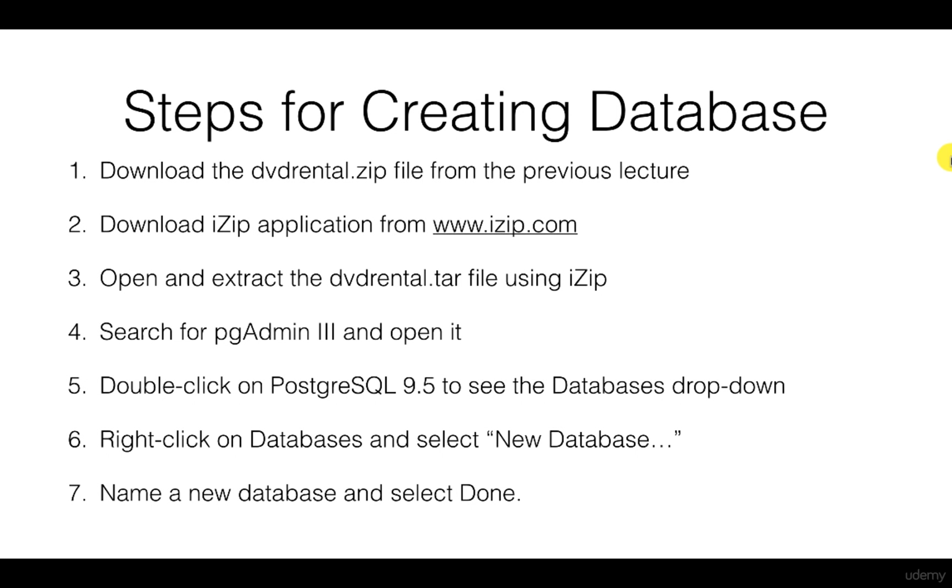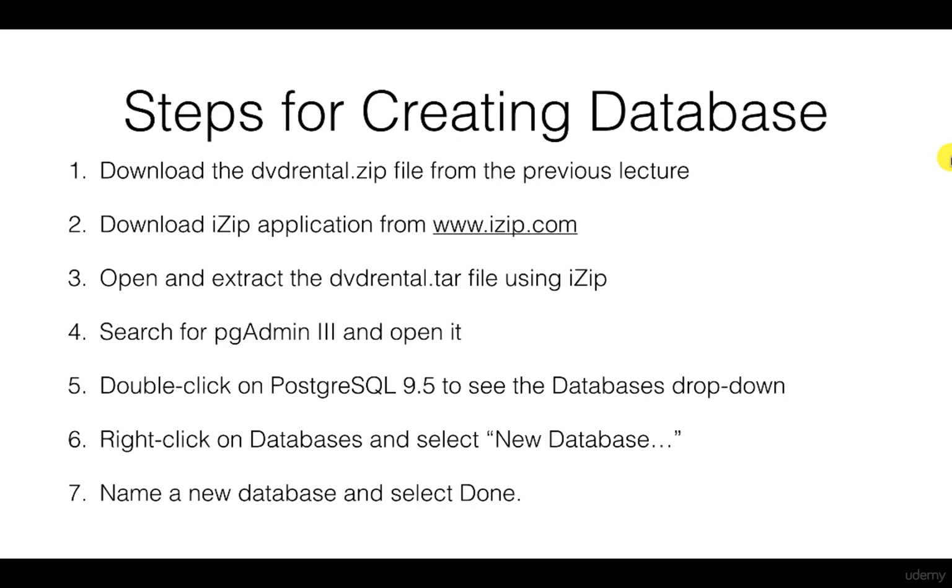Okay, let's quickly go over all the steps we just did for creating that database. You had to download the dvdrental.zip file from the previous lecture, and download or already use your favorite zip application to extract stuff from .zip files. I recommend going to www.izip.com. Then open and extract the dvdrental.tar file from the dvdrental.zip file using iZip.